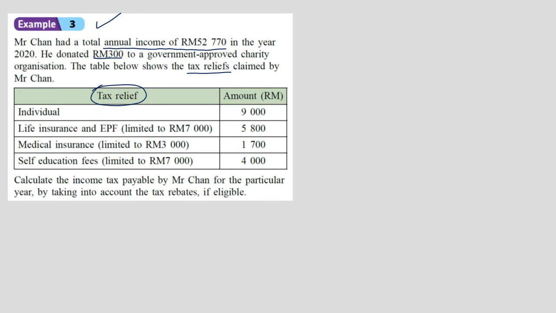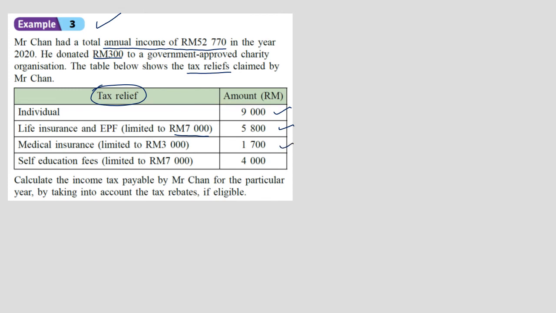For an individual, 9,000. Every individual will get a tax relief of 9,000, which will be minus from your annual income. Life insurance is limited to 7,000, but Mr. Chan only has 5,800, so he can claim all this 5,800.